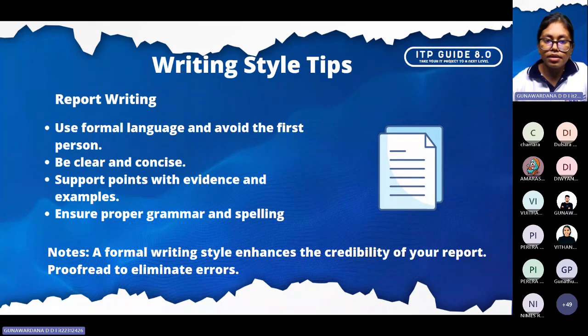They will be asking you to include certain sections. Also they will be mentioning that the report should contain 20 pages. When it comes to the 20 pages, you need to divide your work into 20 pages and submit the report. To do that, you need to have a better idea of the content, and being clear and concise means you need to add only the necessary points to your report.